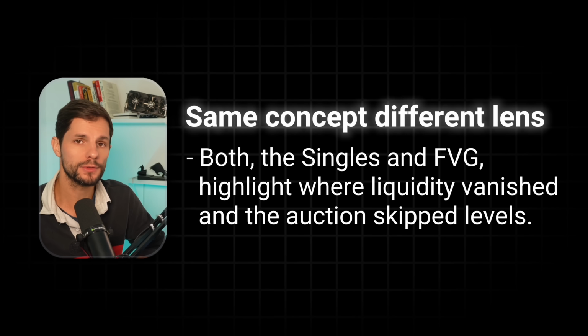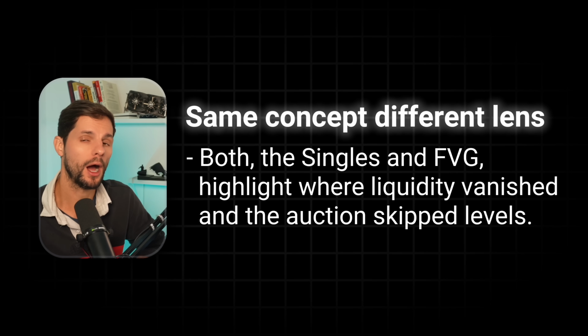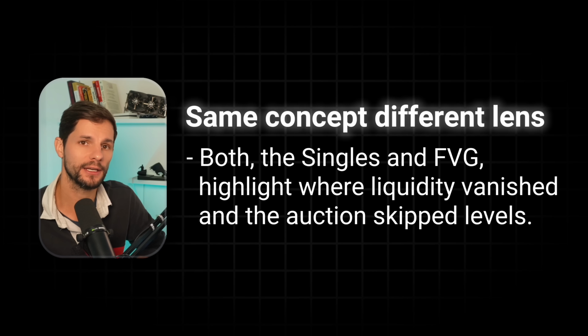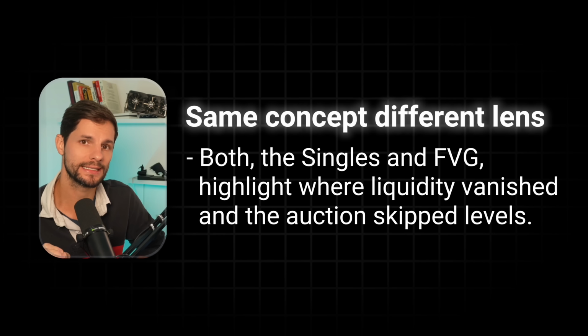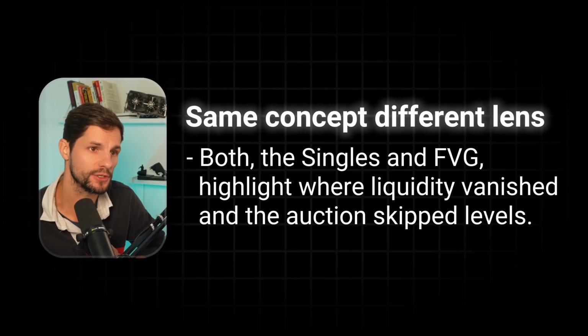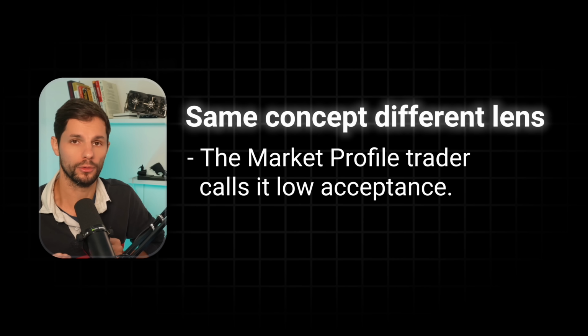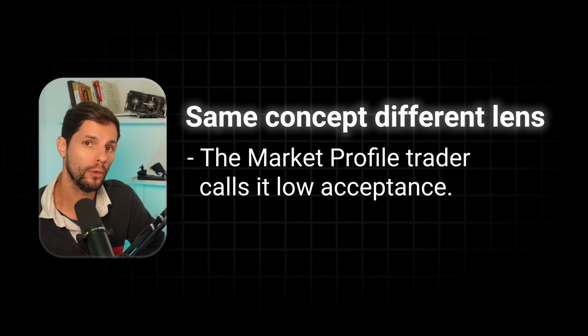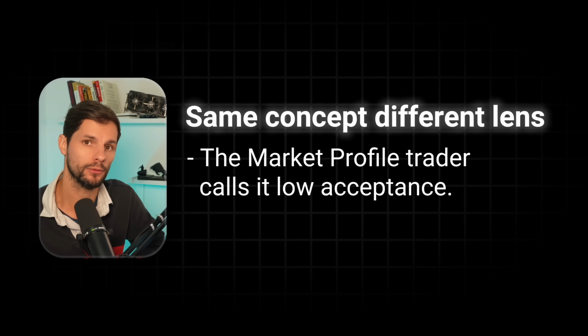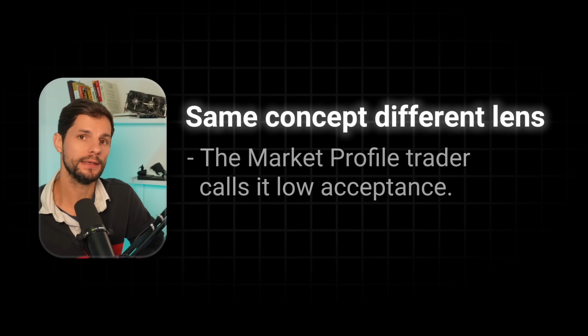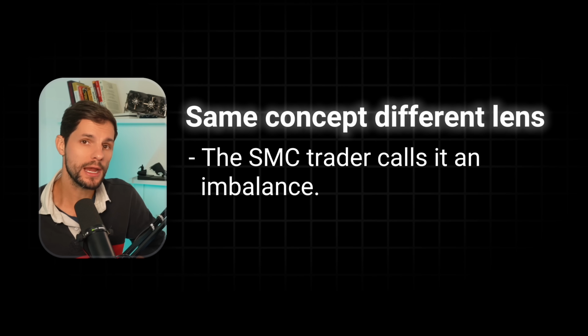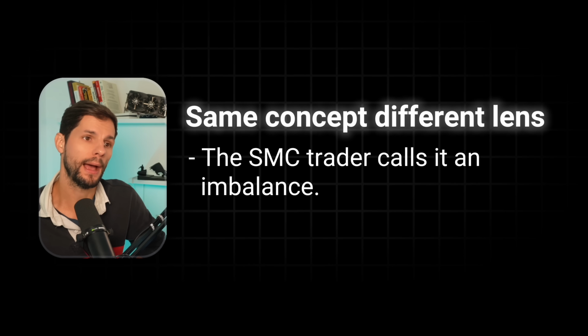Both the singles and the fair value gap highlight where liquidity vanished and the auction skipped those levels, the inefficiency. The market profile trader, or the TPO, will call it low acceptance inside the value or outside the value. And the smart money concept trader will call it an imbalance.